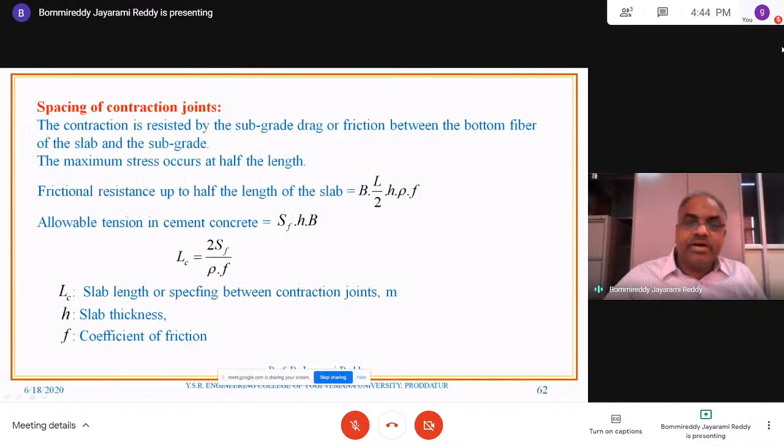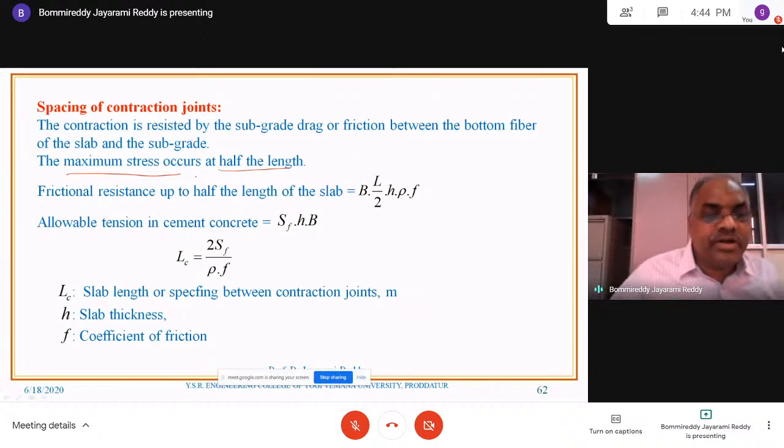Similarly, spacing of contraction joints. How much spacing for contraction joints is required? And here in the contraction, maximum stress occurs at half of the length. So when there is a contraction, what is the frictional resistance?